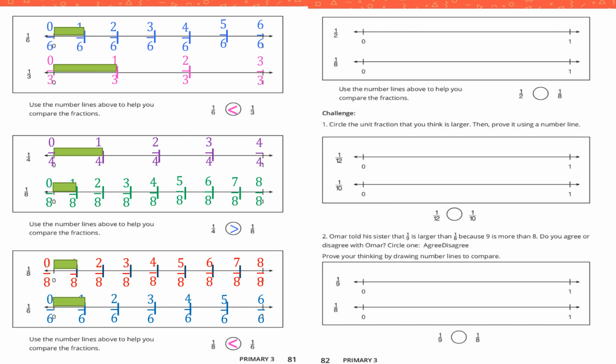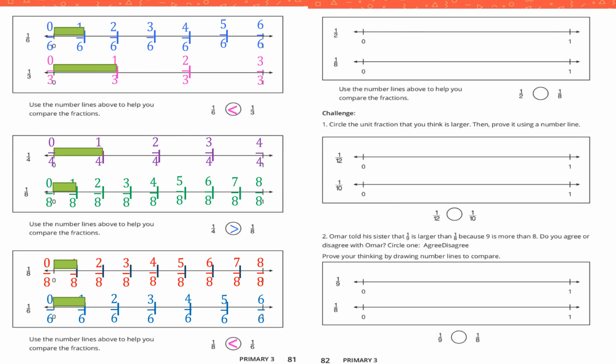This is a crazy fraction, okay? 1 over 4 and 1 over 8, it's a crazy fraction because we have same numerators, okay? And when we have crazy fraction, the big is small and the small is big. So 1 over 4 is bigger than 1 over 8. 1 over 8 is smaller than 1 over 4, okay?